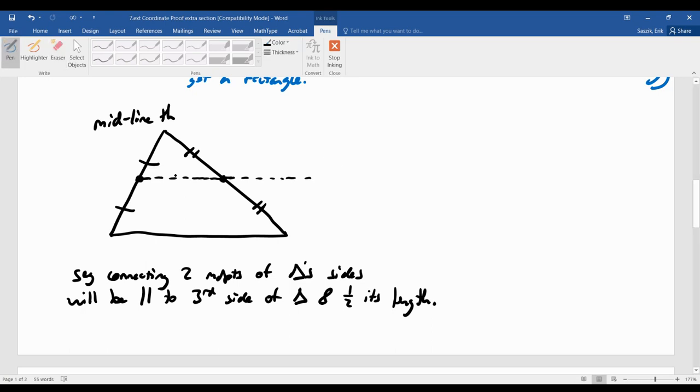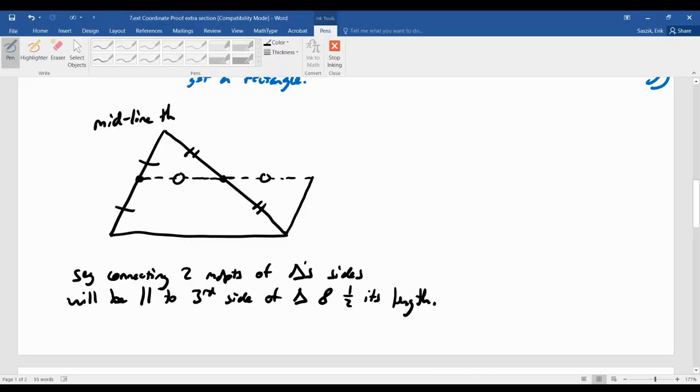But so this is congruent to that by design. We're just measuring that and slapping it on here. All right? Now, I'm going to connect this to create a triangle here. Now, what I hope that you see is that these two triangles are going to be congruent by SAS because you have vertical angles and you got side angle side.